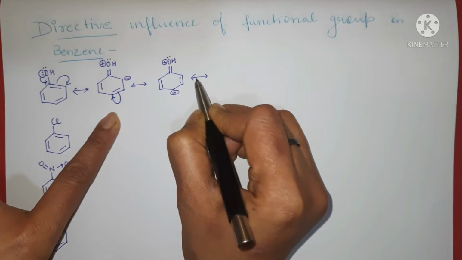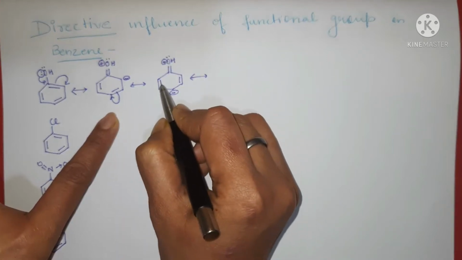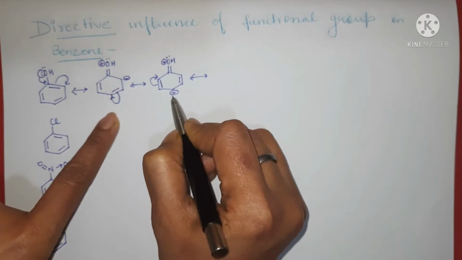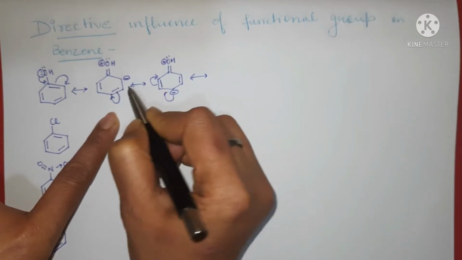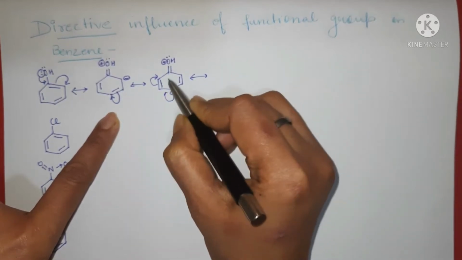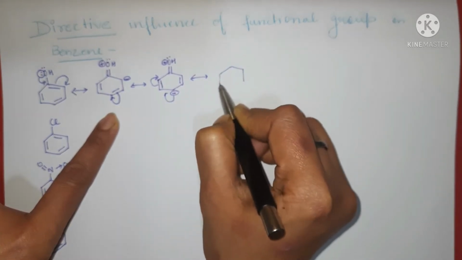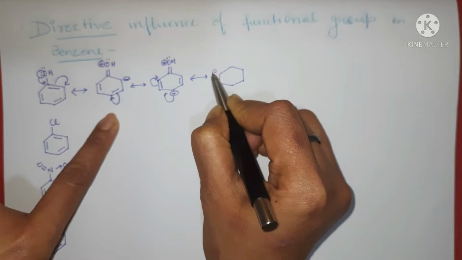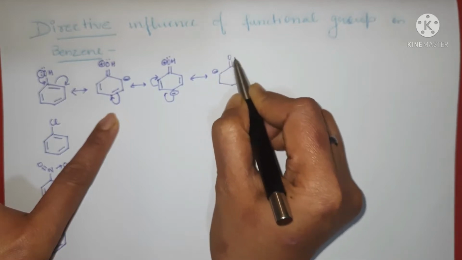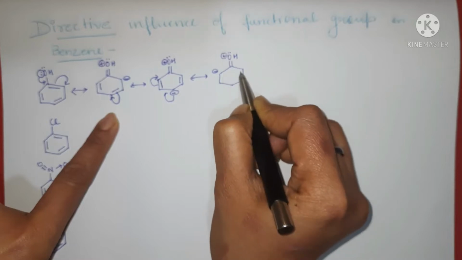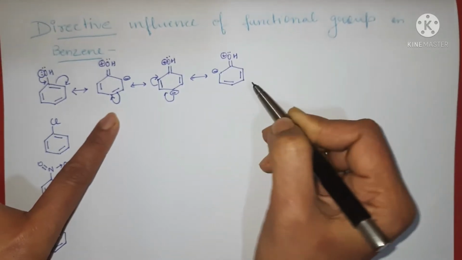Again there will be a movement of this double bond's electrons towards this carbon, and now this carbon has a negative charge, and we will have the same oxygen with the lone pair and positive charge, and the double bond is like this.